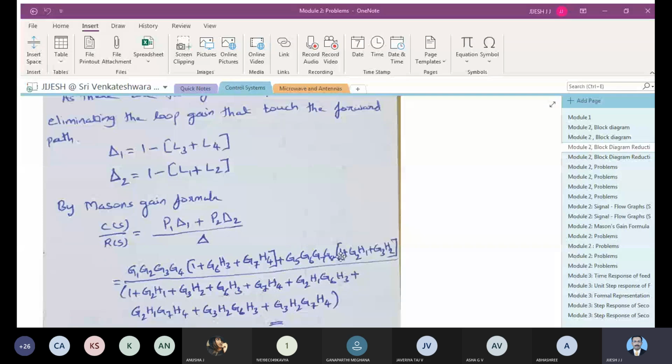For example, x3 here is gx1 plus or minus x2, and here also gx1 plus or minus x2. So you should make the output remain the same, whatever changes you make to the summing block or takeoff point in the reduction process.